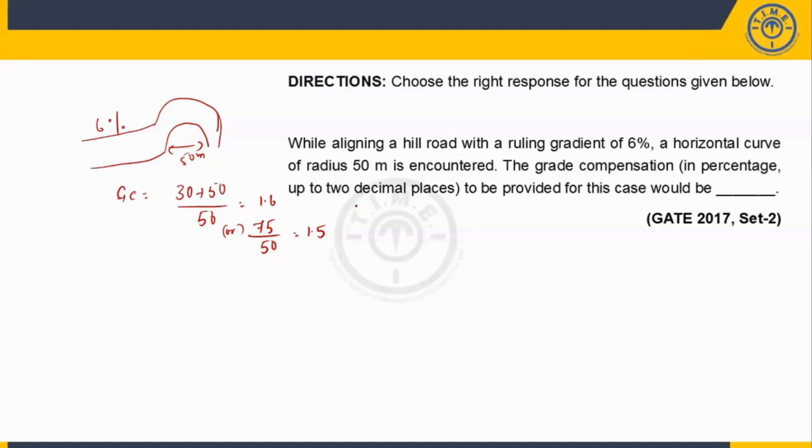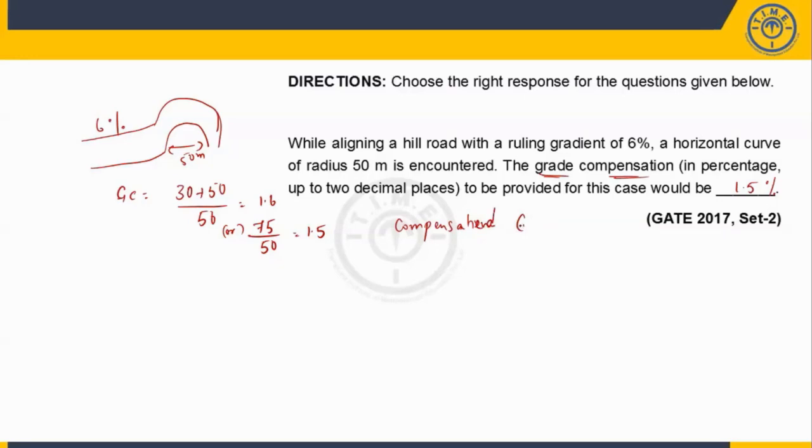We need to use the minimum value, so 1.5 percent. What he asked us is the grade compensation itself. Therefore, it is 1.5%.